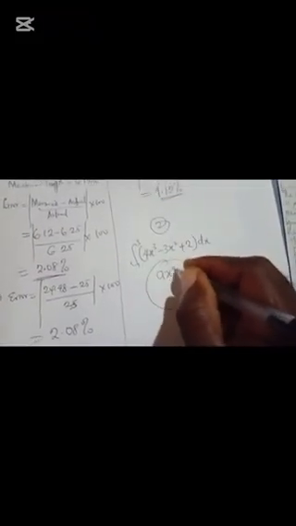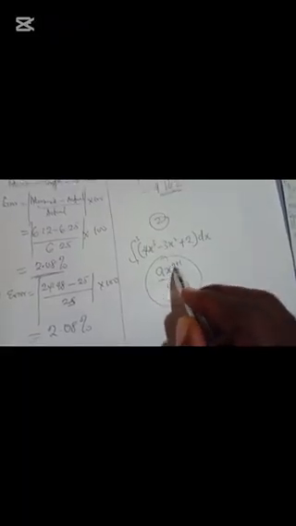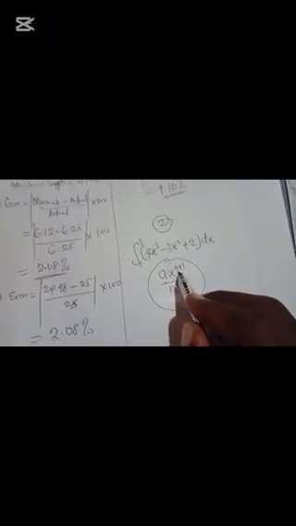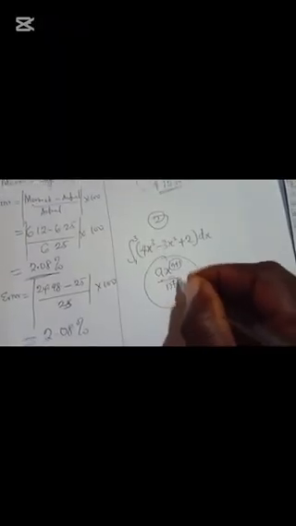The rule for doing that one is ax^(n+1) over n+1. A means the coefficient of x. n means the power of x. Whenever you add 1 to that power, whatever you have here, you also have it here, that is n+1 again.